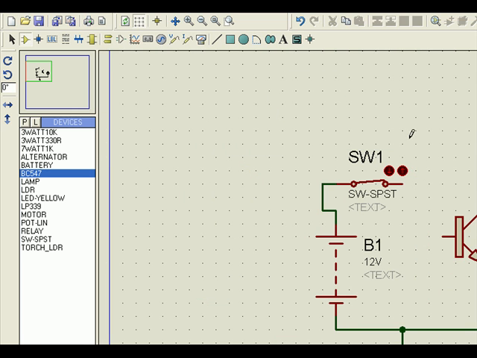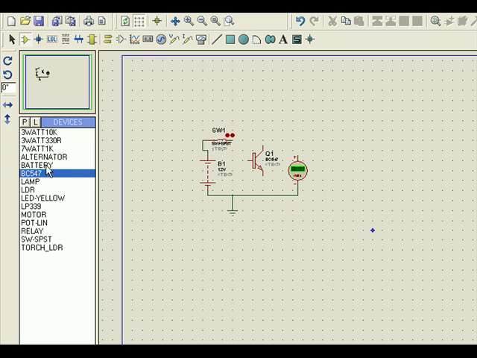Okay, sorry, we go to an LED again. Okay, let's connect an LED here. I connect an LED here, and I connect a series resistor.